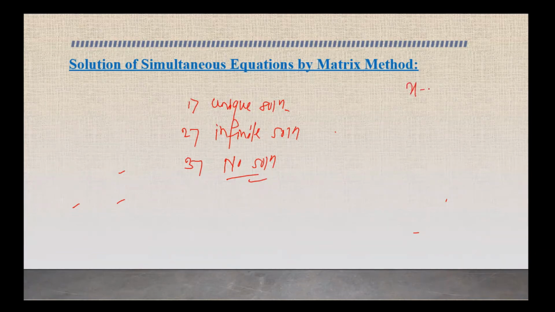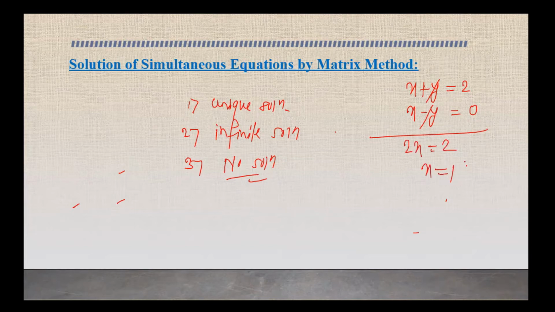Suppose I have to solve the problem x plus y is equal to 2 and x minus y is equal to 0. So here plus y and minus y get cancelled. We get 2x is equal to 2. Therefore x is equal to 1, and putting the value x is equal to 1 in any one equation, we get y equal to 1.